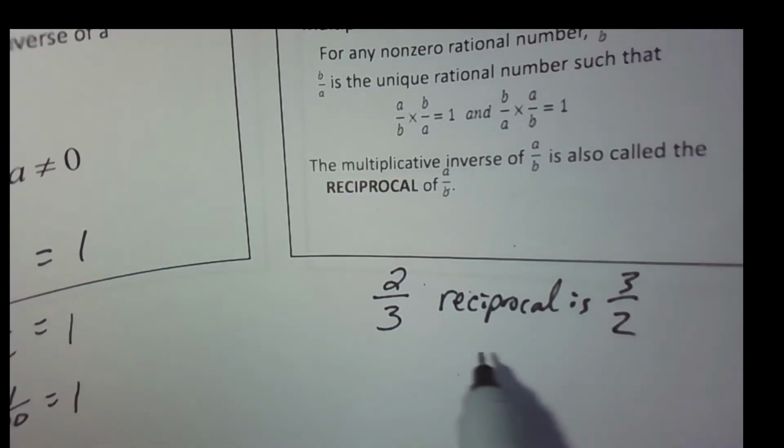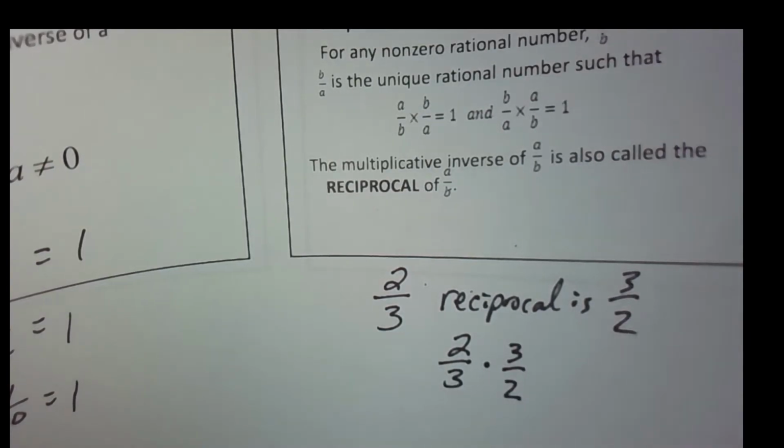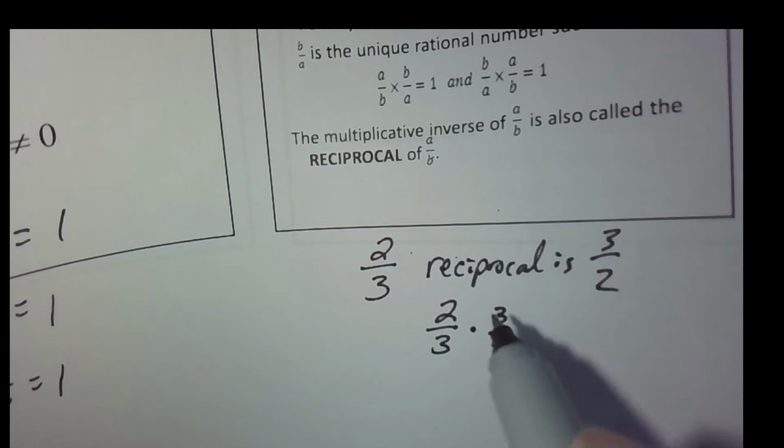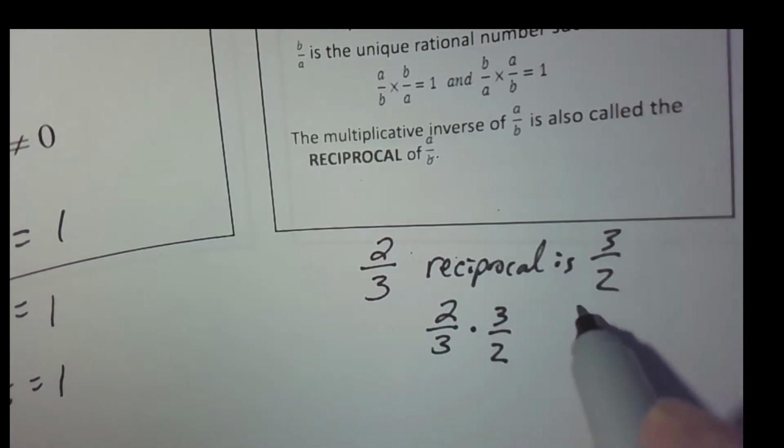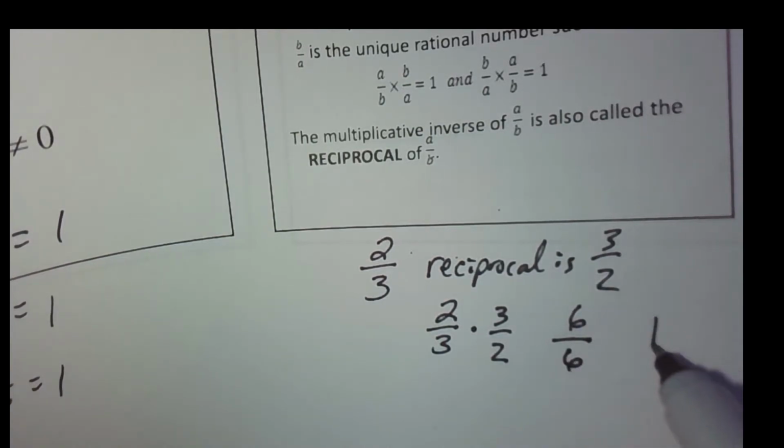And the property says if I multiply a number and its reciprocal, it's going to cancel out to 1 every time. Why does that happen? Top times top would be 6. Bottom times bottom is 6. Any number over itself is 1.